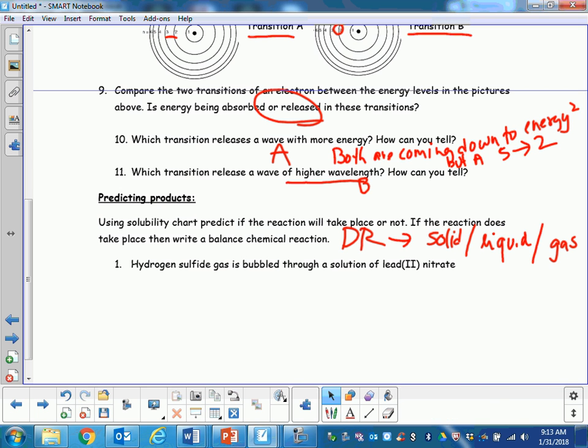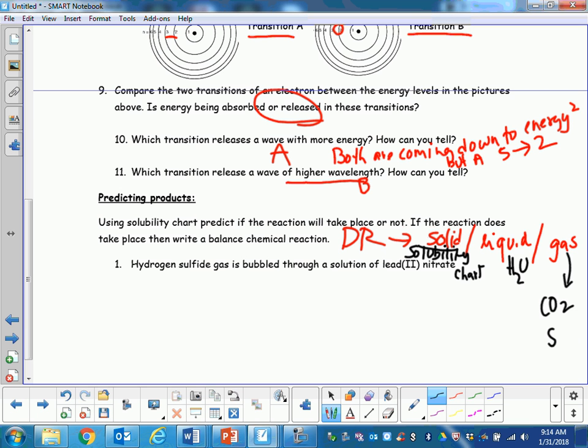How will you know a product is a solid? You will use the solubility chart to find out if a solid is formed on the product side. The only liquid you should know of is water. Anytime you form water on the product side, the reaction will happen. What are the gases? You can get gases like carbon dioxide, sulfur dioxide.